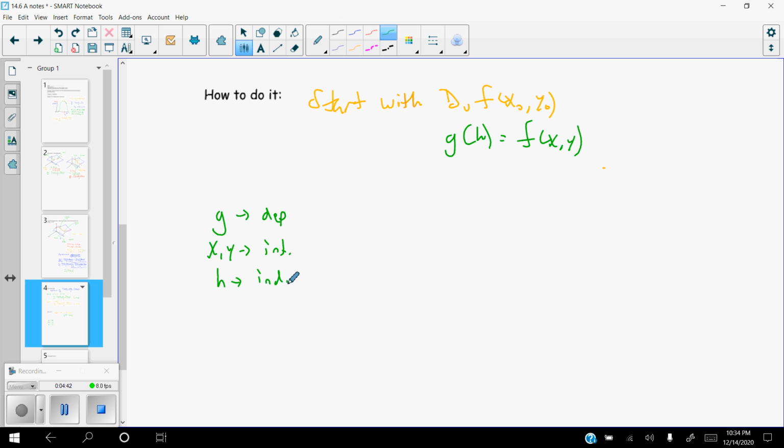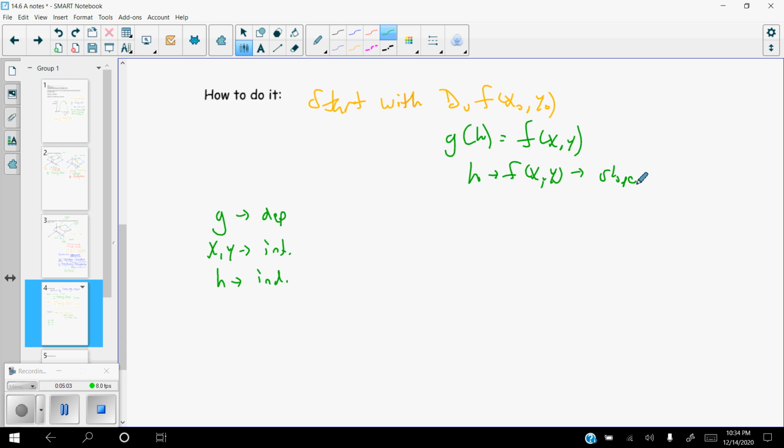So if I wanted to find the derivative of g with respect to h, because I probably should have mentioned this, h right here is a function of x and y. And really, that's going to end up giving us our slope here.